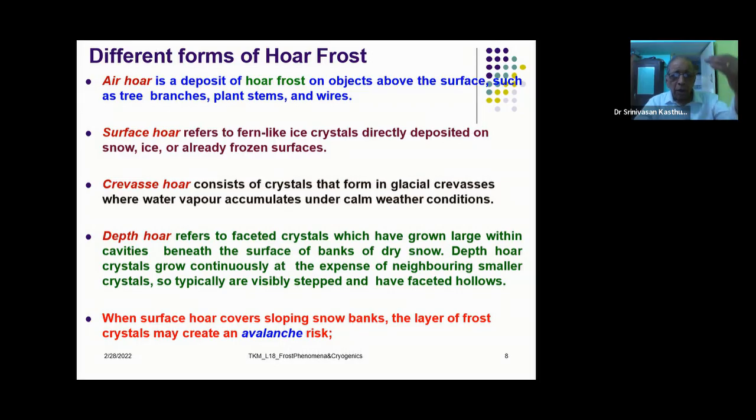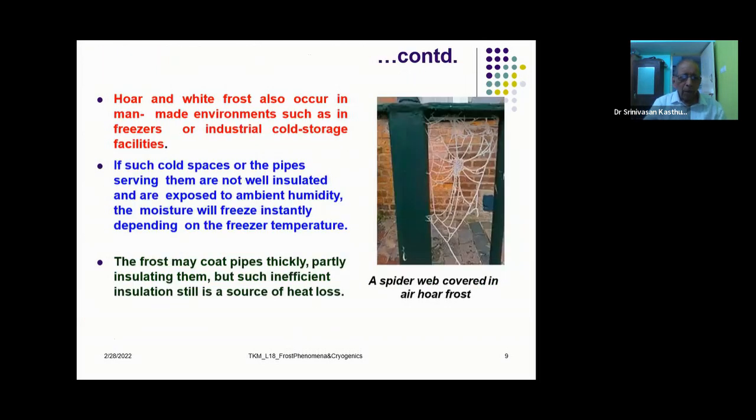So you see, hoarfrost has very different varieties: air hoar, surface hoar, crevasse hoar, depth hoar, etc. These are the different types of frost. Hoar and white frost may also occur in man-made environments such as freezers and industrial cold storage facilities.